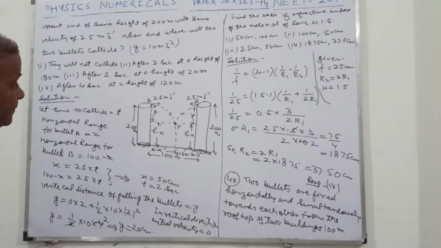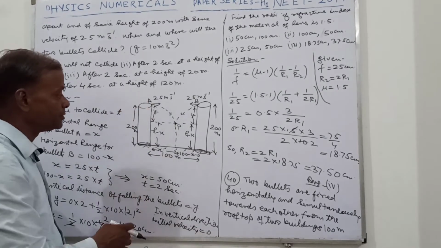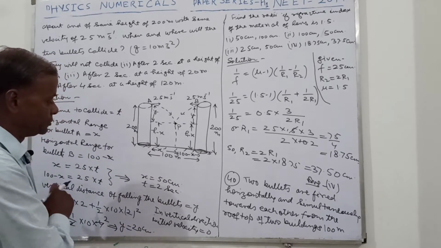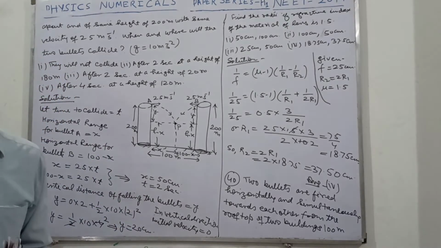So now, what is the height from the ground? We subtract the 20 from 200 meters, so that will come out to be 180 meters.